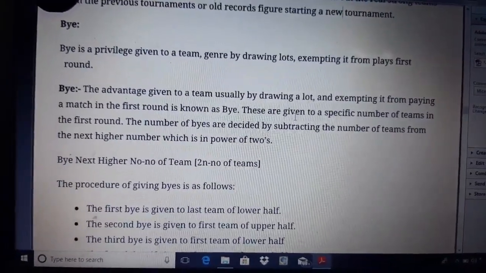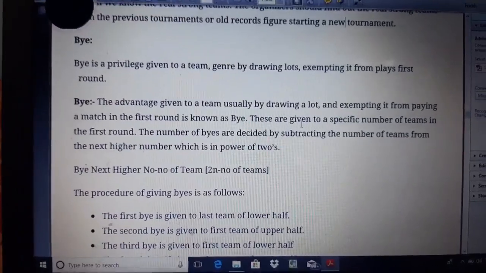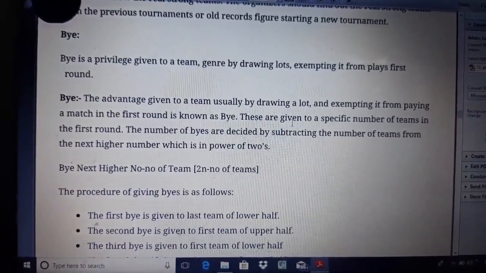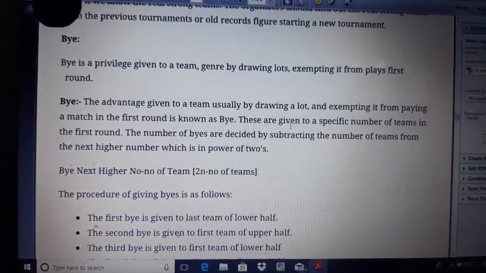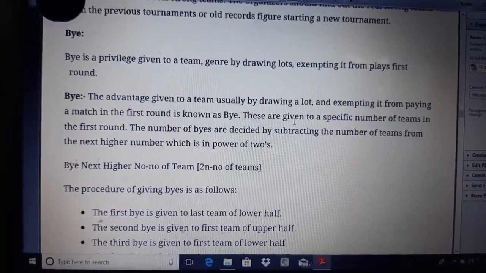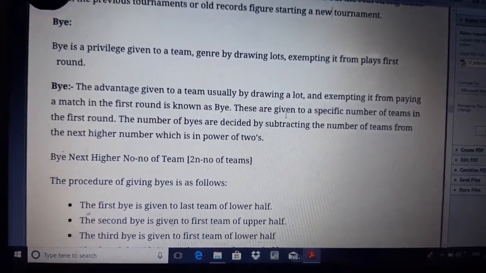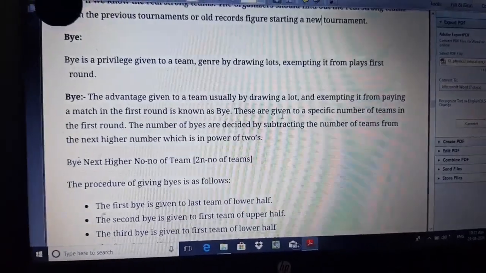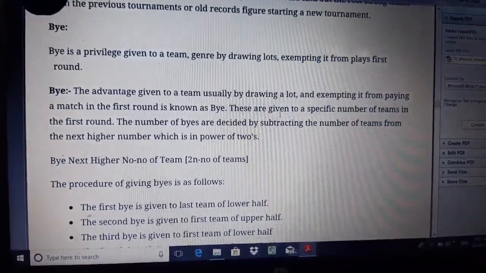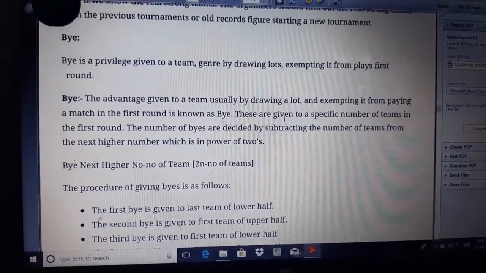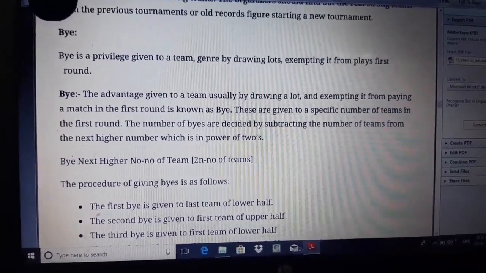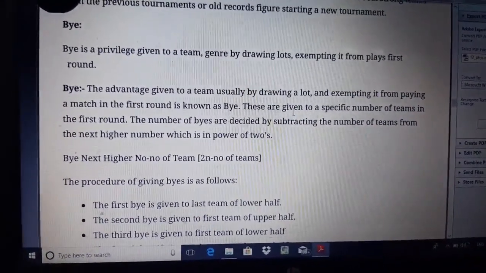You understood the two halves are there, and in those two halves you have to write down the number of teams. The first bye is given to the last team of the lower half. The first bye is given to the last team of the lower half, so the last, downward team will have the first bye.